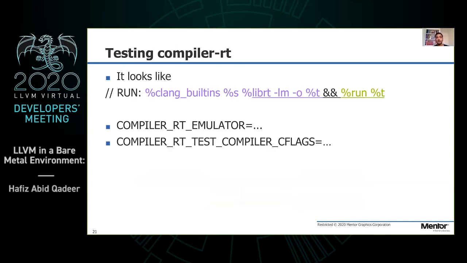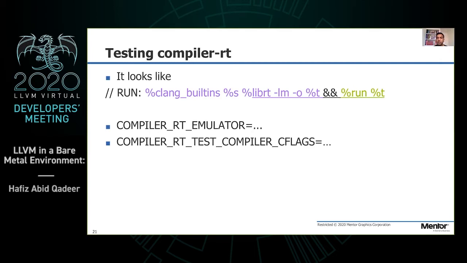Now we look at a compiler RT test case. If you look at it, it will look something like this. There is this run line that we are familiar with. The first part is trying to build a test executable, and the second part is trying to run it. Using appropriate CMake variables, you can provide information to the testing infrastructure.